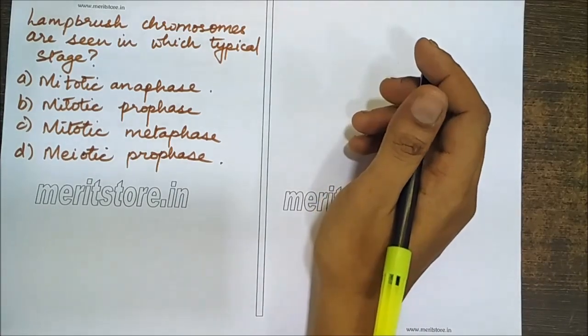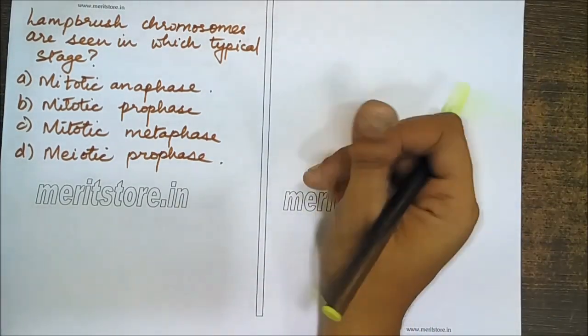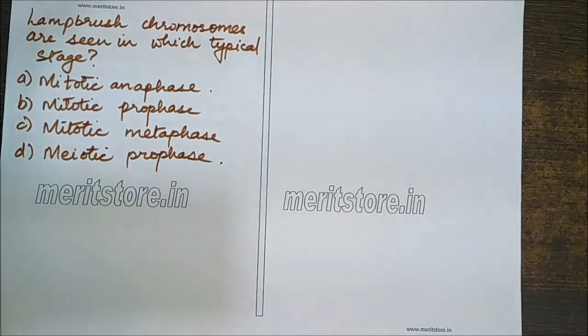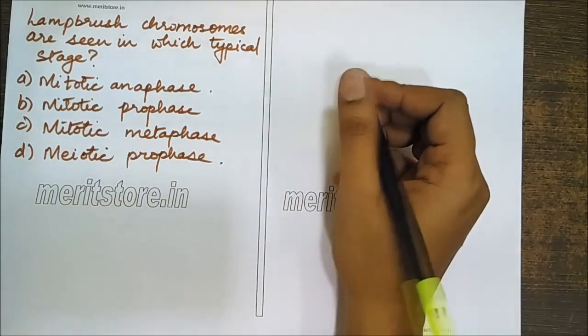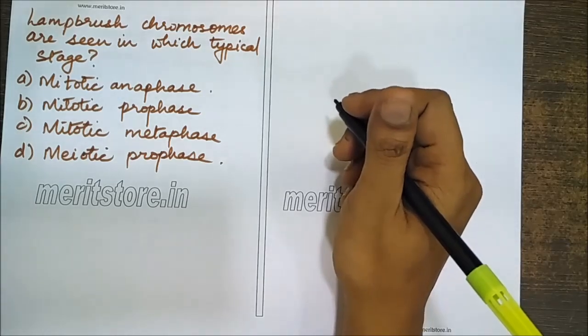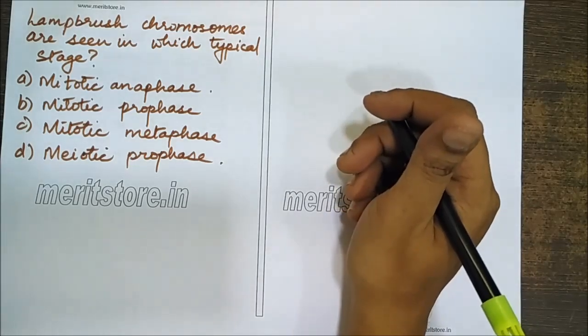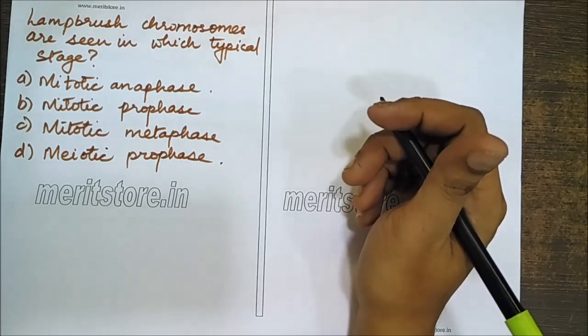So the next question says, the lampbrush chromosomes are seen in which typical stage? See, lampbrush chromosomes are elongated and they occur in both chromatid pairs. Okay, and they bear a large number of chromomeres which are then separated.